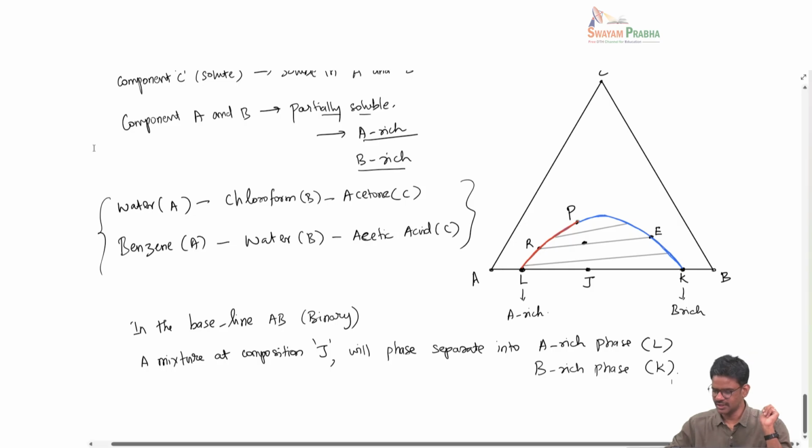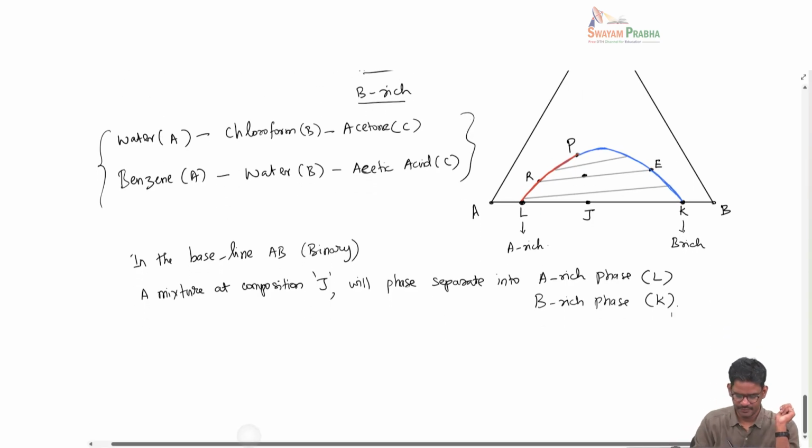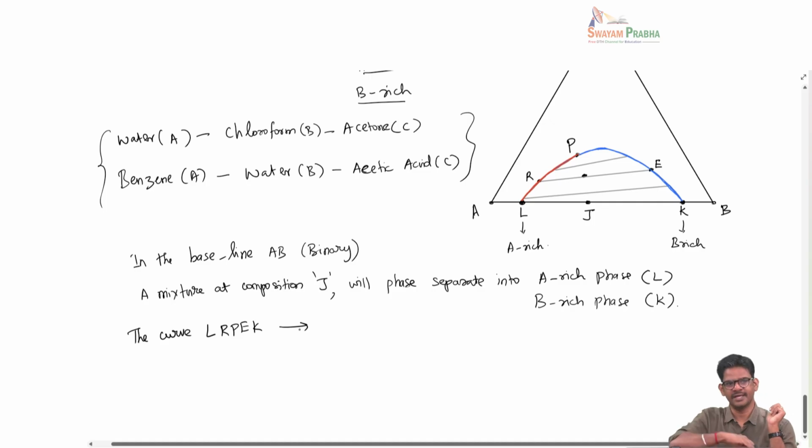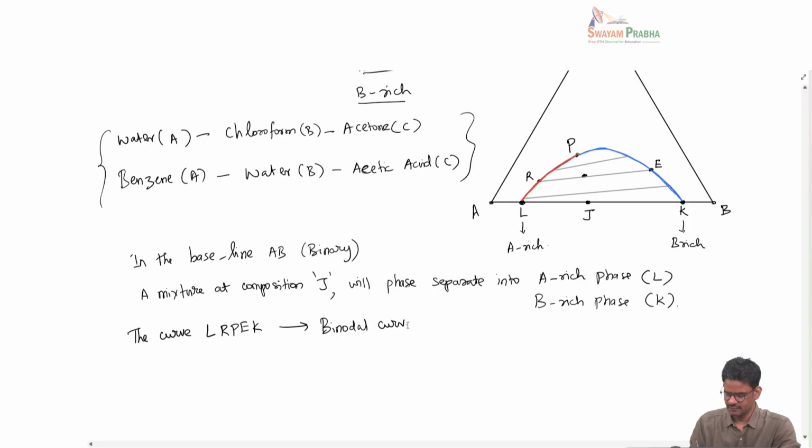The curve LRPEK, that envelope that you see, is called the binodal curve, or this is also known as the solubility curve.